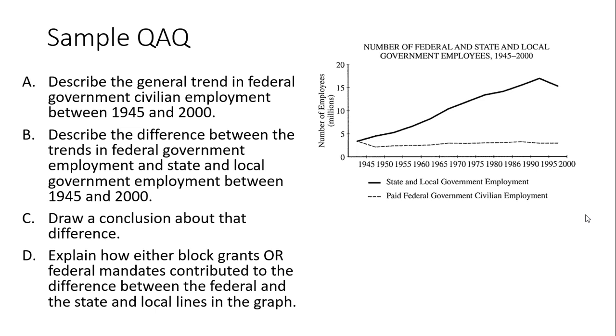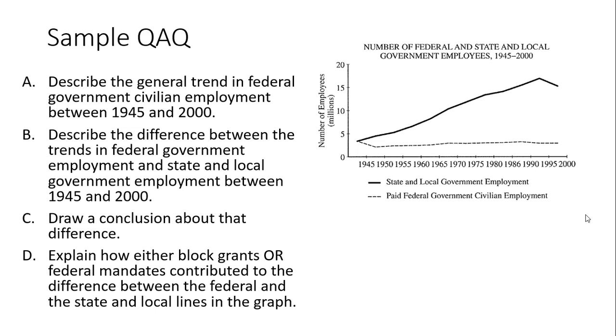And then finally, the last part wants you to connect this to some other idea in government that's not explicit in the data. So here, part D, they're assuming that you know something about block grants and or federal mandates. I hope you see the word or, capital there. You're not going to do both. You're going to choose one and make a decision. Which of these do I understand better?